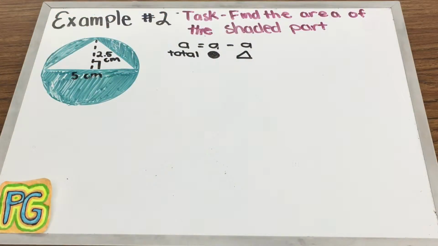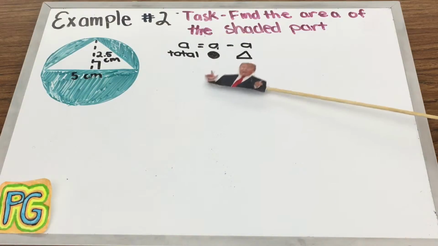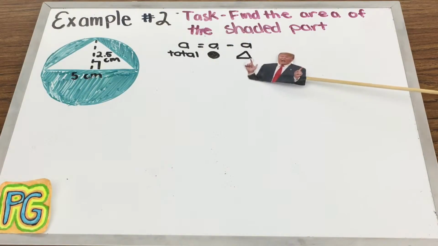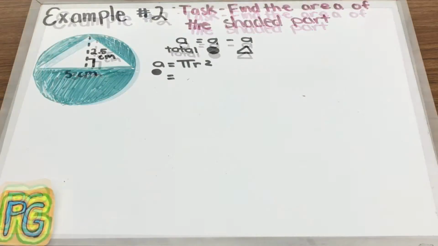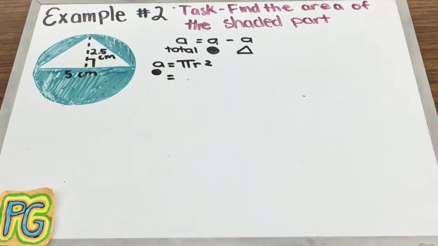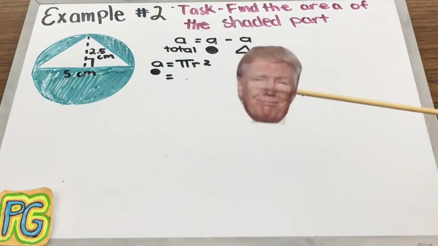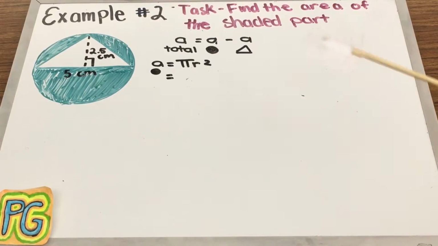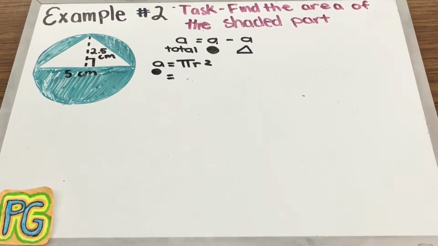Example number 2. The equation to find the area of the shaded part is A total equals the area of the circle minus the area of the triangle. The formula to find the area of a circle is pi radius squared. Wait, what does pi mean again? Pi is approximately 3.14. Oh, okay, just good.